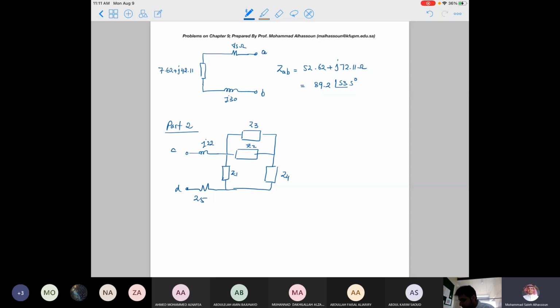So if I simplify it, I will end up with, so this one is Z2 in parallel with Z3 and Z4.